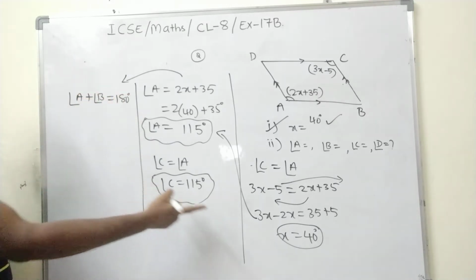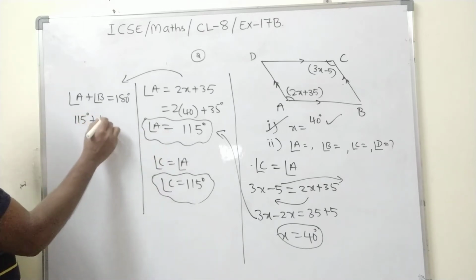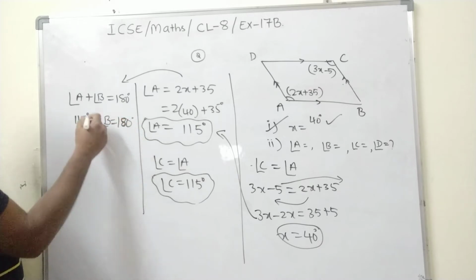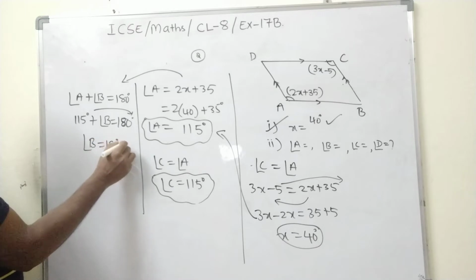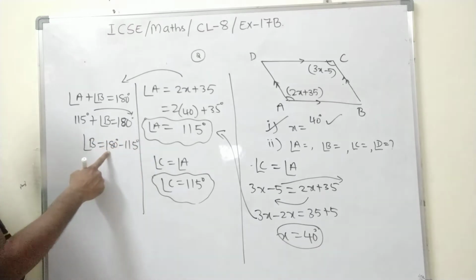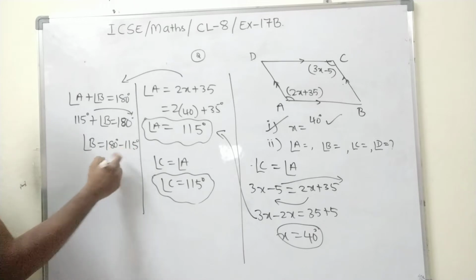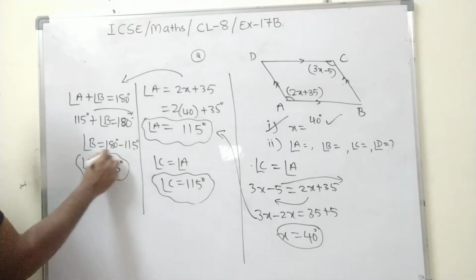Already A value we calculated just now here. 115 plus angle B is equal to 180 degrees. So transpose 115 to the right side, angle B is equal to 180 minus 115. 180 minus 100, 80, 80 minus 10, 70, 70 minus 5 equal to 65 degrees. So angle B is equal to 65 degrees.